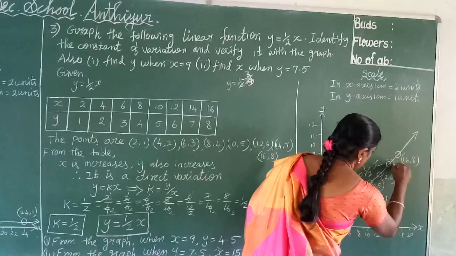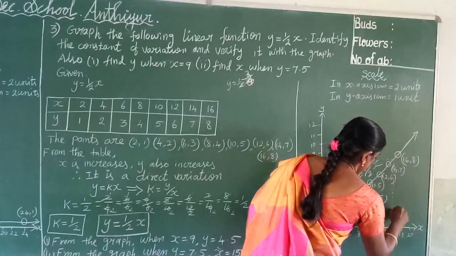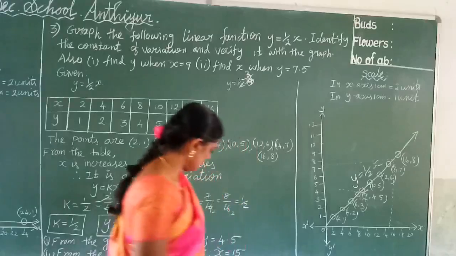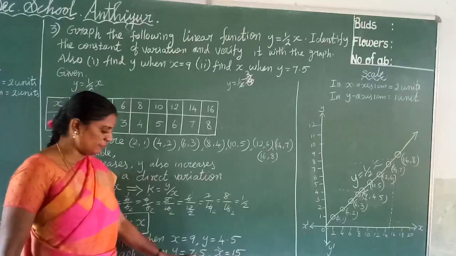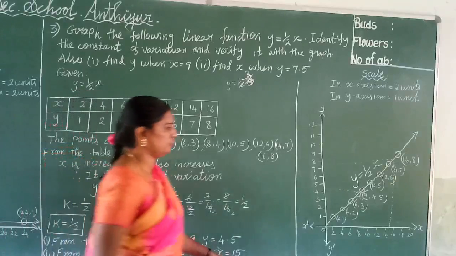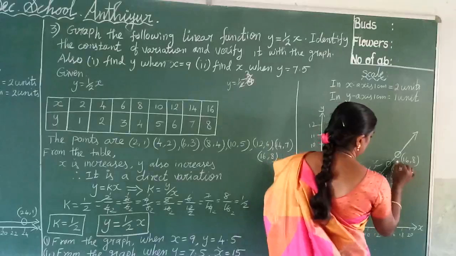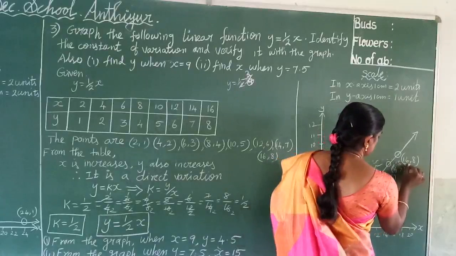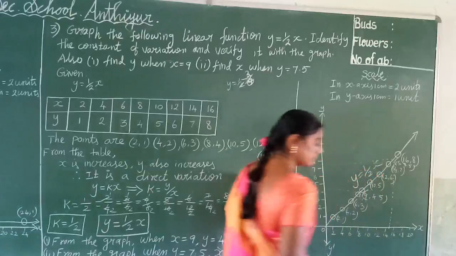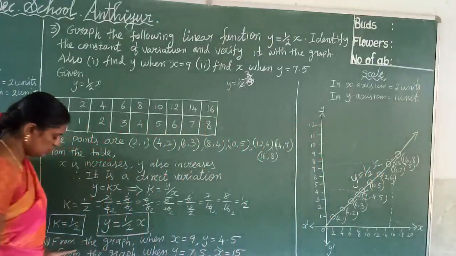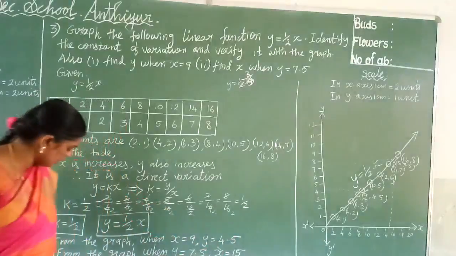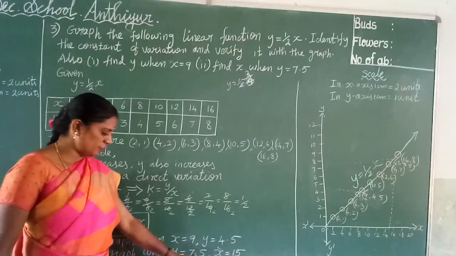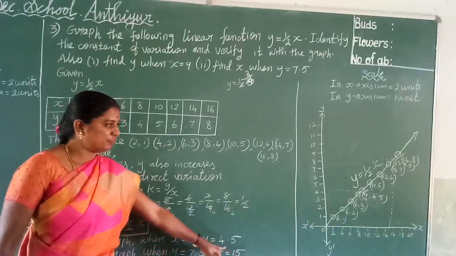Going down to the x place, that is 15. So from the graph, when y equal to 7.5, x equal to 15. So that place also you mark it: 15 comma 7.5. Is it clear? Using the graph, you have to find that x equal to 9 means y is 4.5, and when y equal to 7.5, x equal to 15.